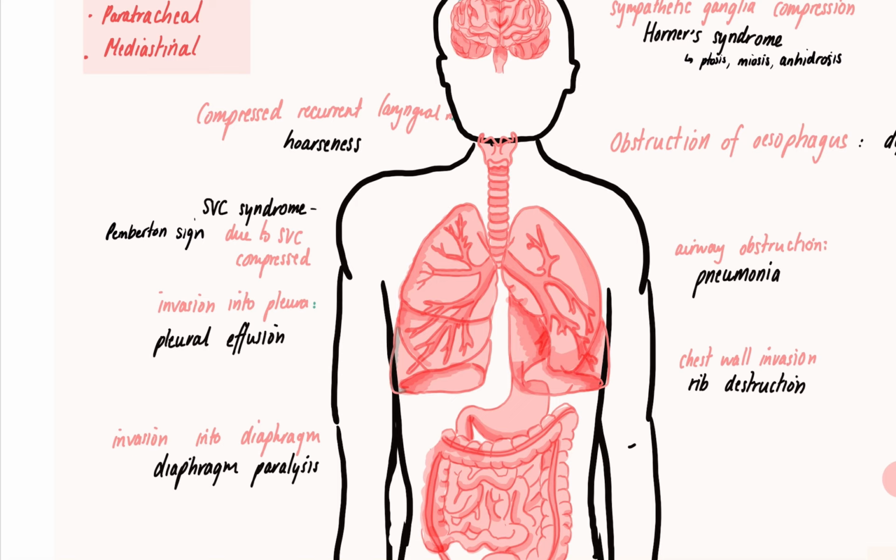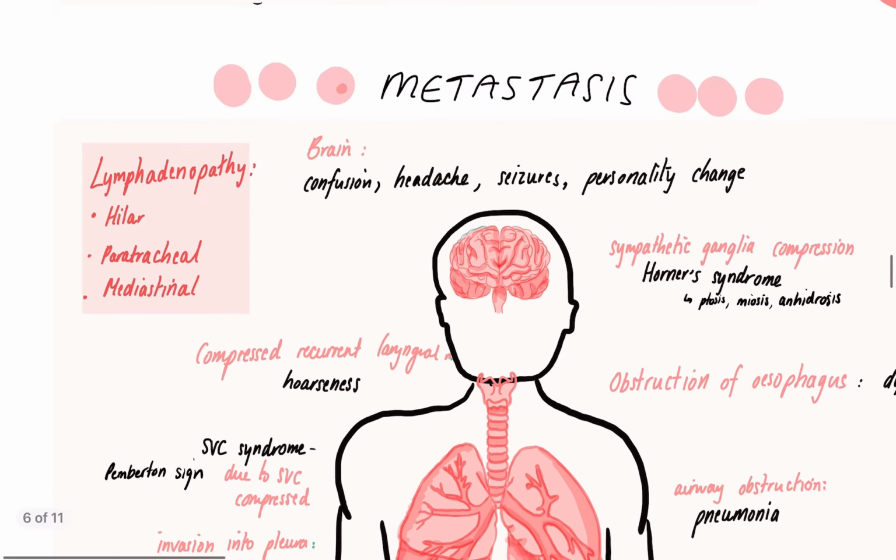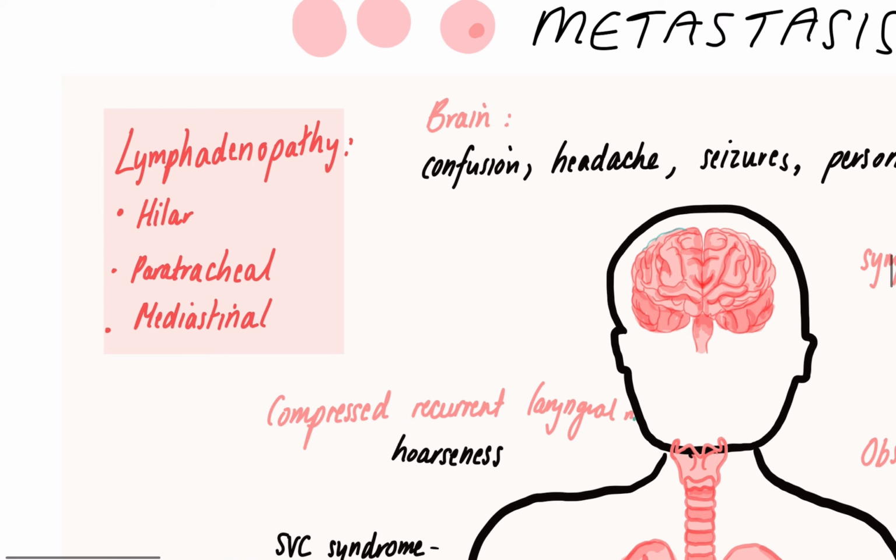If you get invasion into the pleura, this can lead to pleural effusion and sometimes atelectasis, or collapse of a lobe. If the superior vena cava becomes compressed by the tumor, you can get Pemberton sign, indicative of superior vena cava syndrome. You lift your arms up, your superior vena cava becomes obstructed, and your face goes all red because the blood can't drain out of your upper limbs.